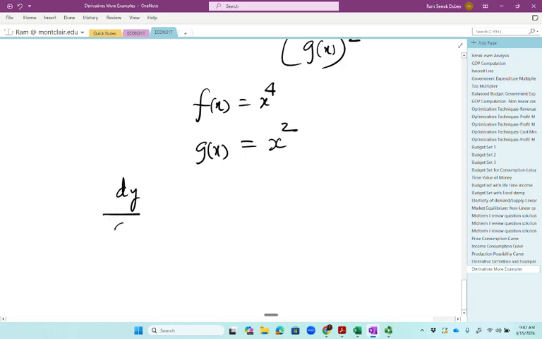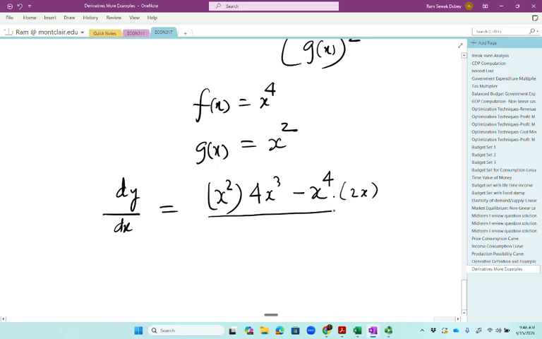So dy over dx is the function in the denominator, x squared, times the derivative of the function in the numerator, 4x to the power 3, minus the function in the numerator, x to the power 4, times the derivative of the function in the denominator, which is 2x, and then divided by the denominator function squared.